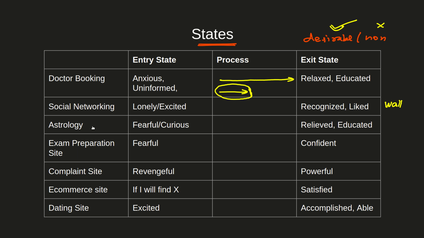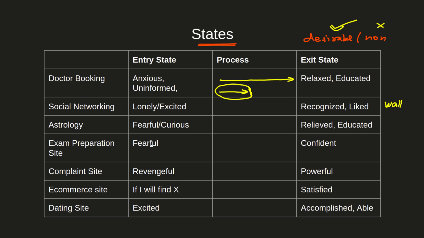Then astrology. Okay, I told you, this is the fearful or curious state. So you either are relieved or are educated. Either of these two states is a very desirable state depending upon the interest state, right? Then exam preparation: you were fearful, you want to feel confident.